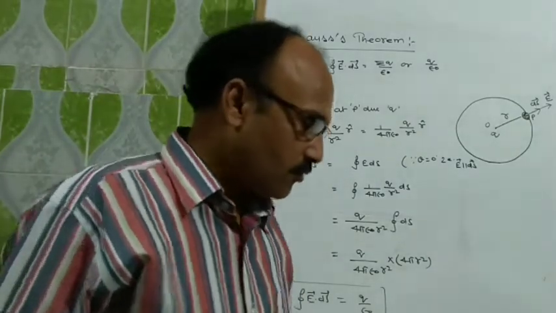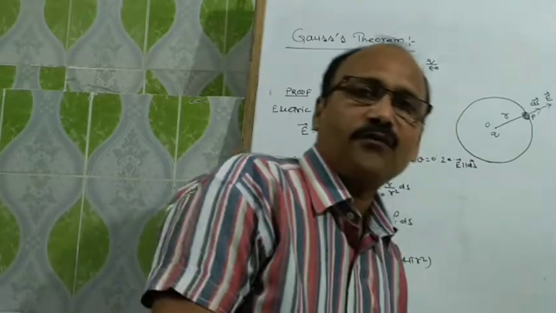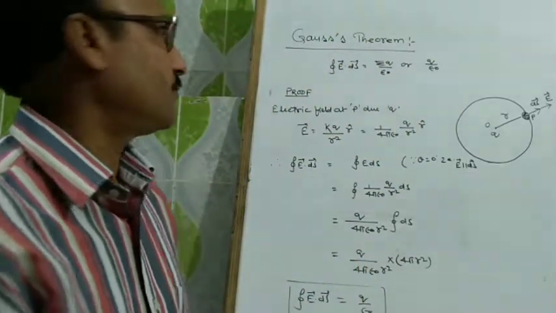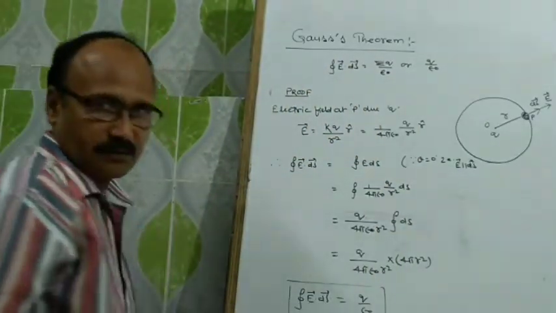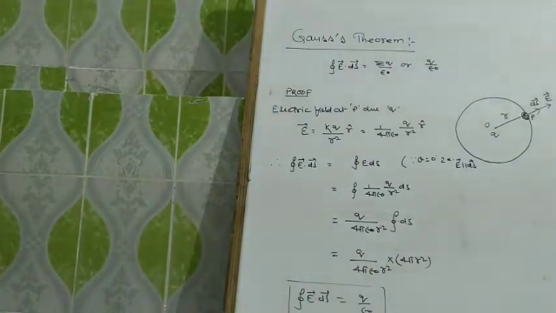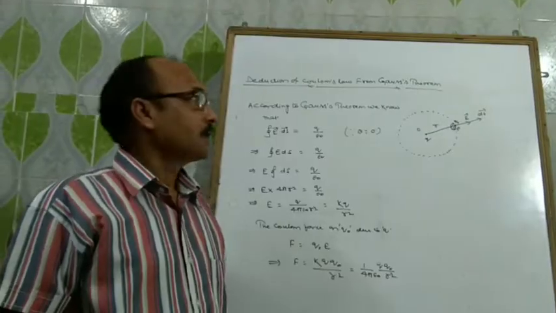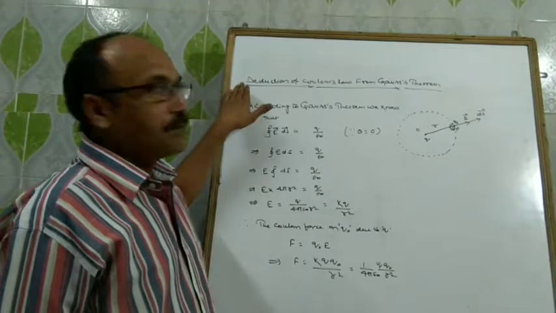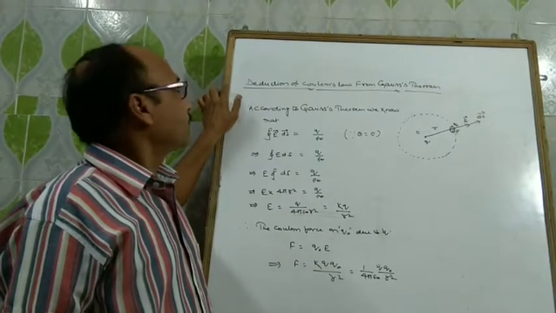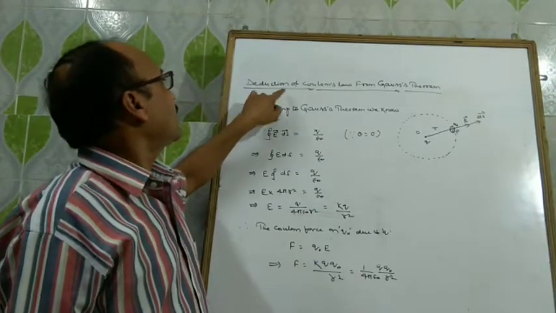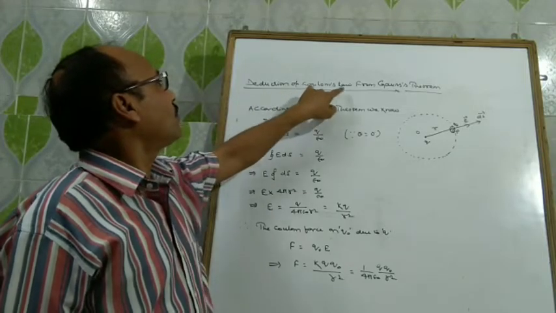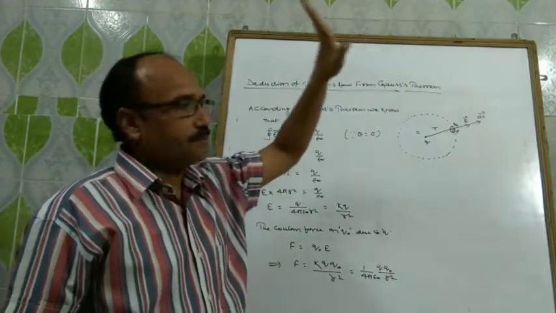Now the deduction of Coulomb's law by Gauss's theorem. So after completing Gauss's theorem, we have to study about the deduction of Coulomb's law from Gauss's theorem.